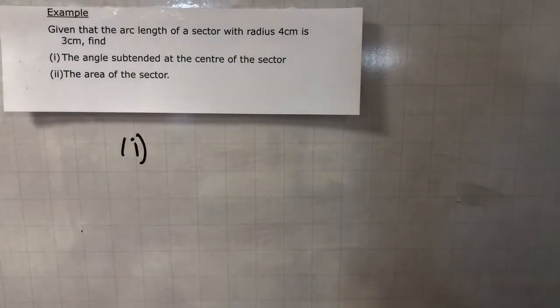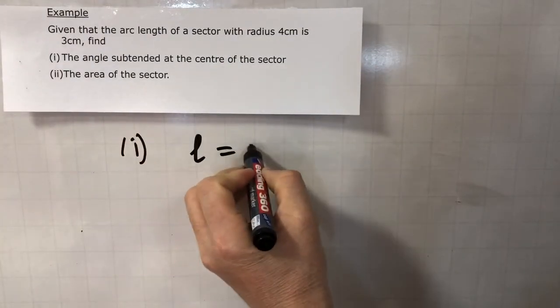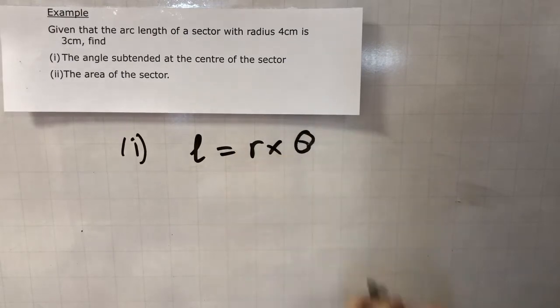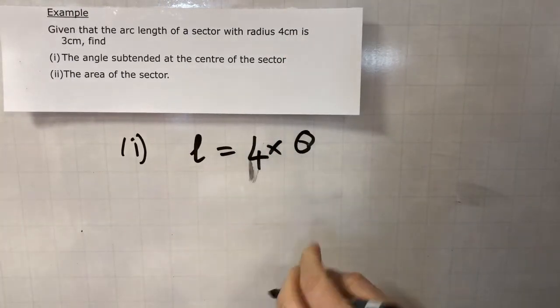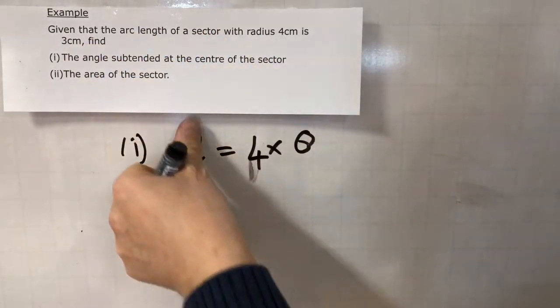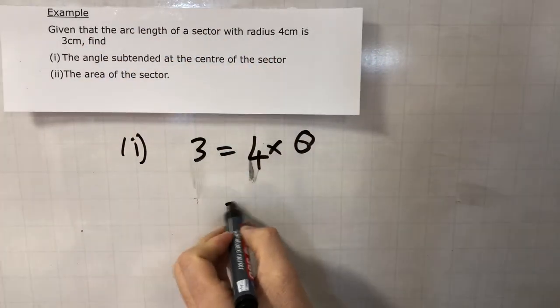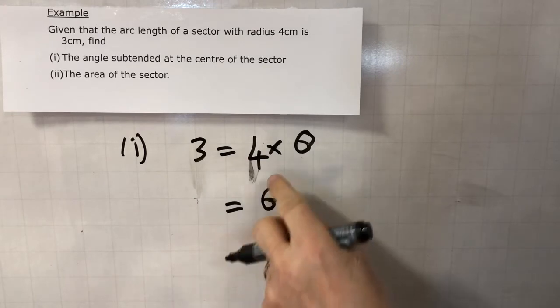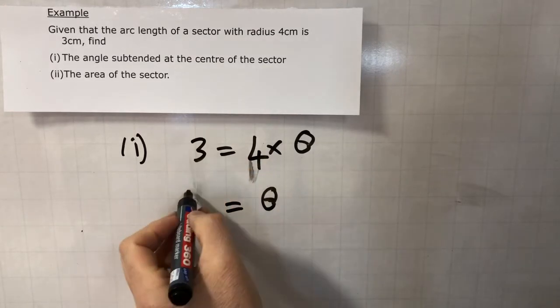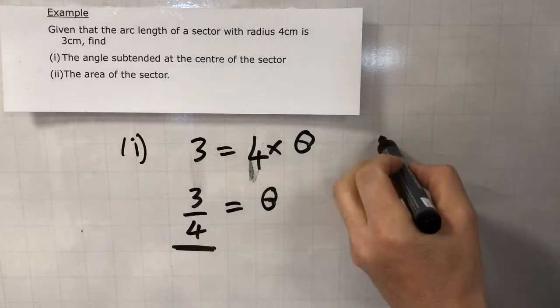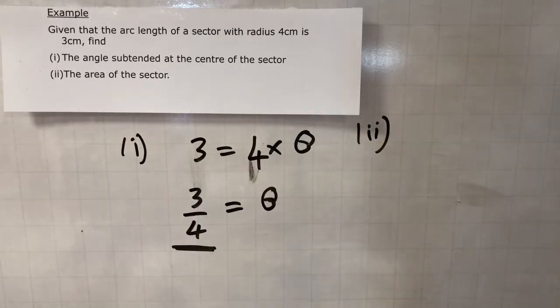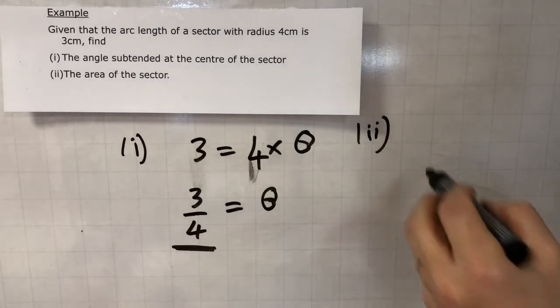Well, if I quote the formula, arc length equals r times theta. We're told that the radius is 4. We're told that the arc length is 3. So therefore the angle must be, take that across, divide 4, so we get 3/4. And that's in radians.